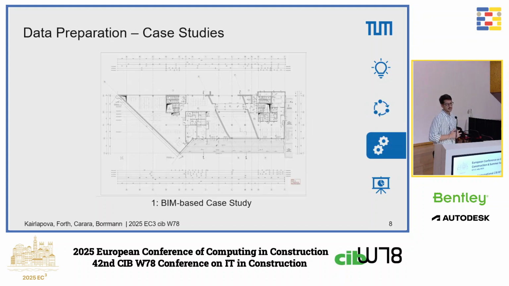And about the data sets, we had a BIM-based case study, so the 2D drawings were derived from a BIM model, quite automatically, not hand-drawn with a pen or a computer model, but derived from this 3D model.